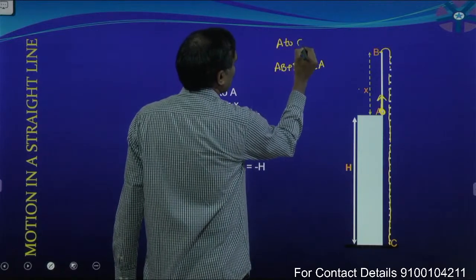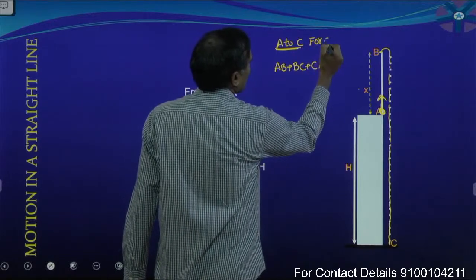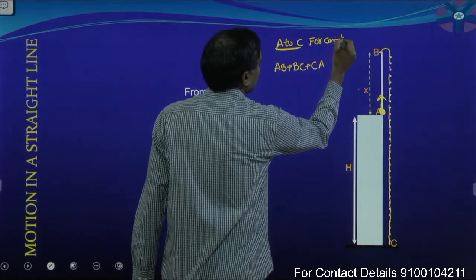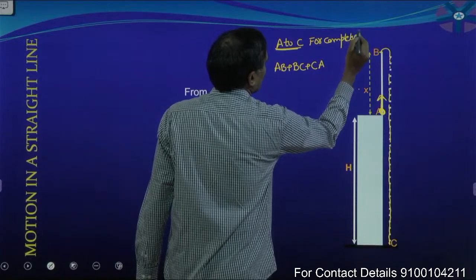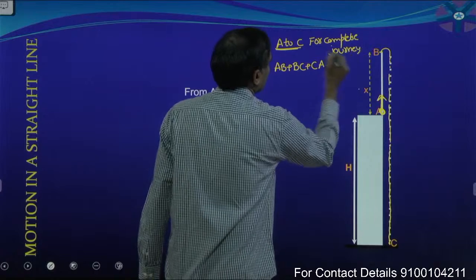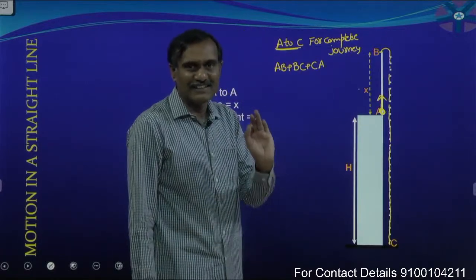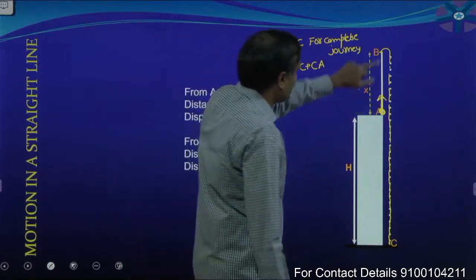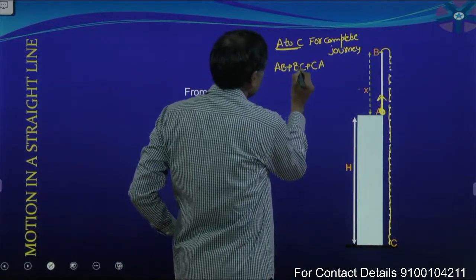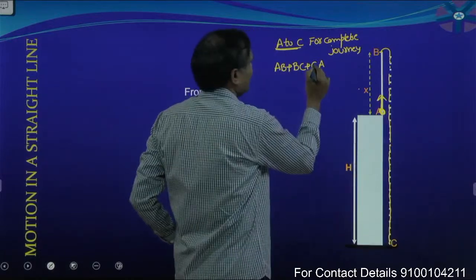First, I want to calculate A to C, that is for the complete journey. I want to calculate distance, that is AB plus BC plus AC. It is AC.